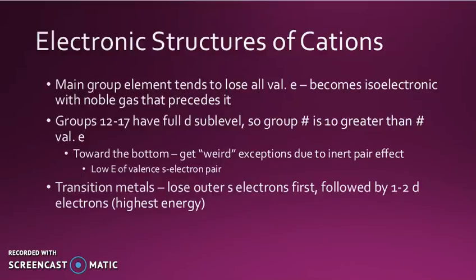There's a really weird reason for why, but they will lose the S electrons, which are their actual valence electrons, first, and then they will also sometimes lose some of the electrons from their D sublevel as well, which is why they have such weird multiple charges that are possible.